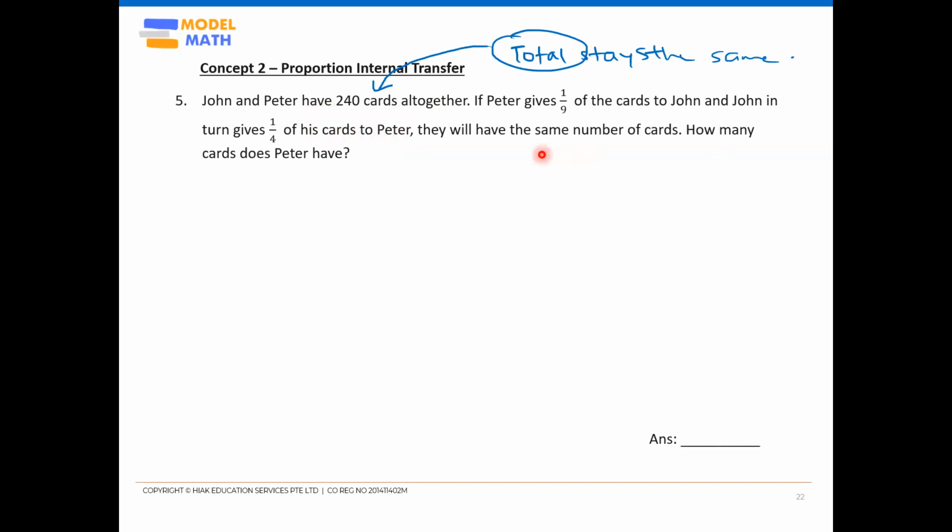Also, in the end, they have the same number of cards. This is another very useful piece of information because I can find out in the end how many cards each person has, and I can work backwards later to find how many each of them had.